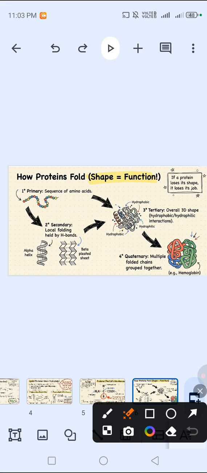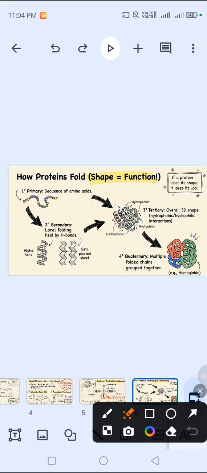So primary structure of protein, which we call 1 degree, you can see is the linear sequence of amino acids. This is the primary structure of protein, just for your understanding.